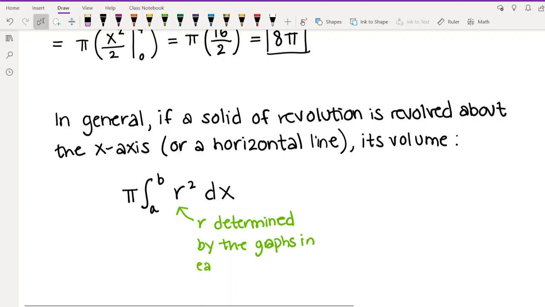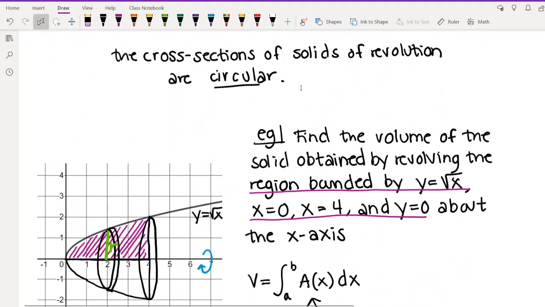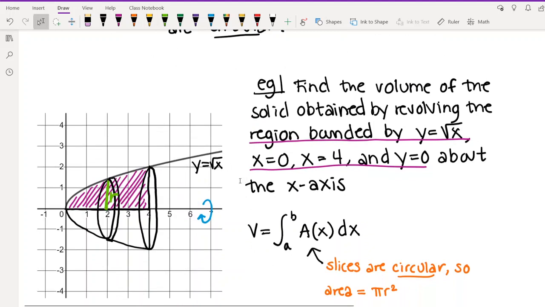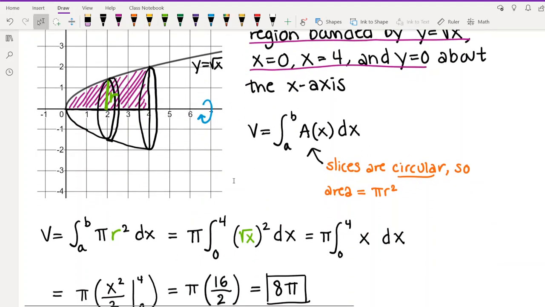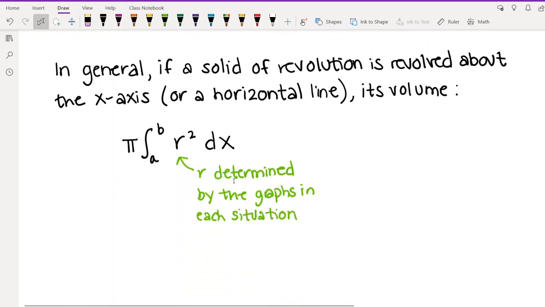In the example that we just did, it was true that the radius was just equal to y, which is equal to the square root of x, right? It was equal to our main function in the problem, but that's not always going to be the case. So I don't want you to think that that is the rule. It really depends on your situation. So that's why I'm saying it's determined by the graphs in each situation. You just have to draw a picture and really see what's going on in that situation.